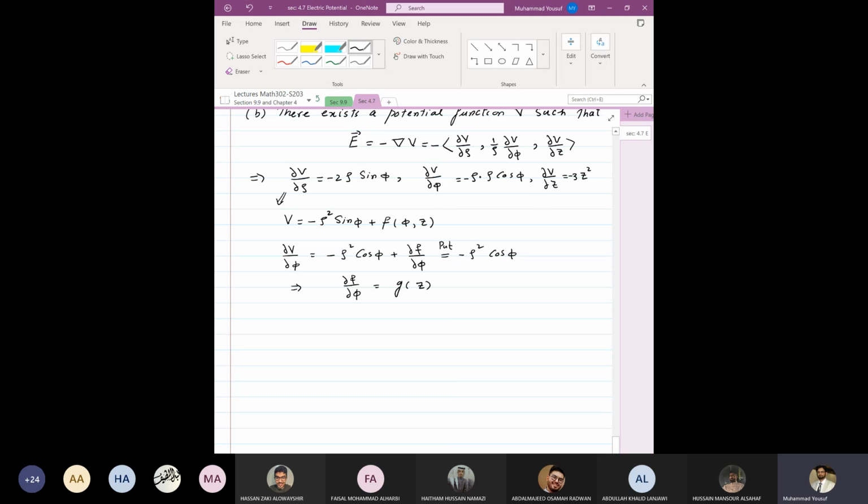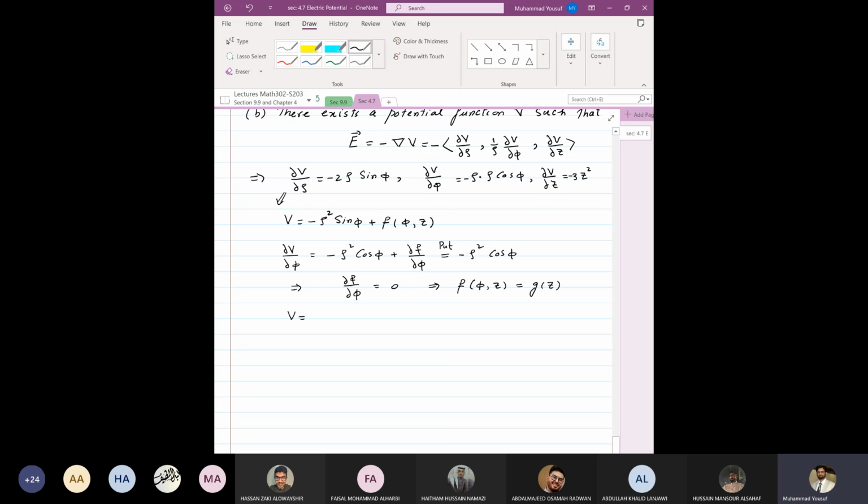Equal to 0 implies f of phi, z is actually a function of z alone. There is no phi there because the derivative with respect to phi is 0.